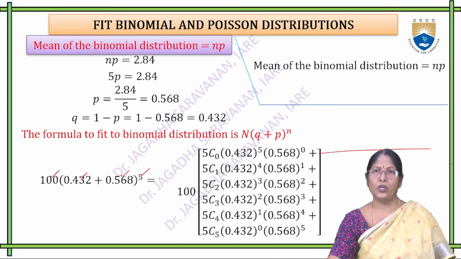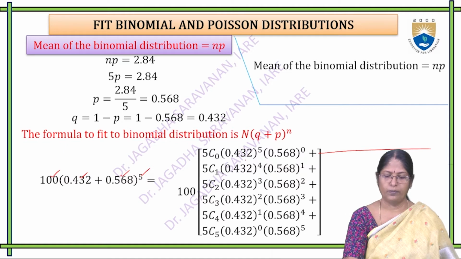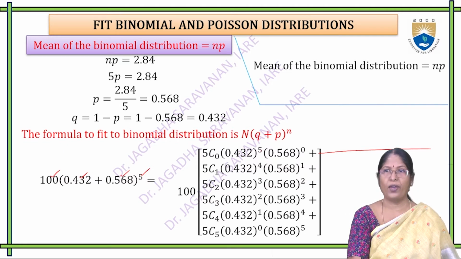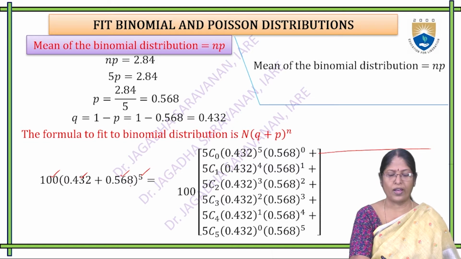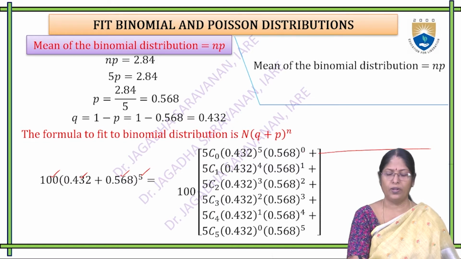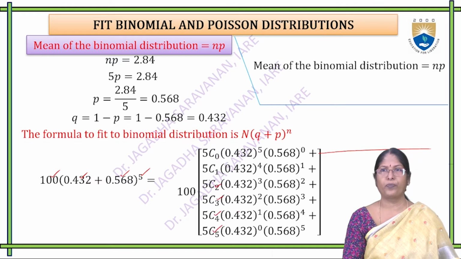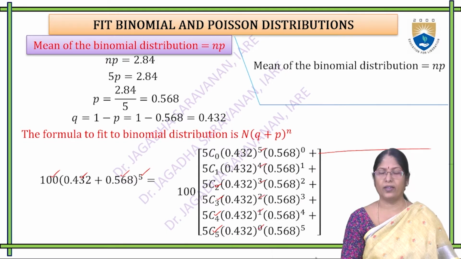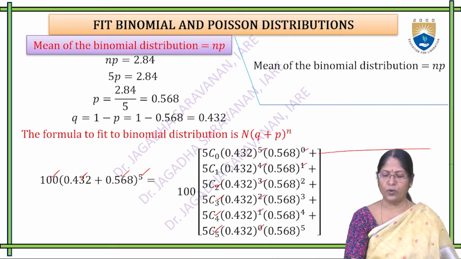So 5C0: the first term is 0.432 power 5 and 0.568 power 0. Next 5C1, 5C2, 5C3, 5C4, 5C5. We can notice easily that the power of 0.432 goes on decreasing from 5, whereas the power of 0.568 goes on increasing.